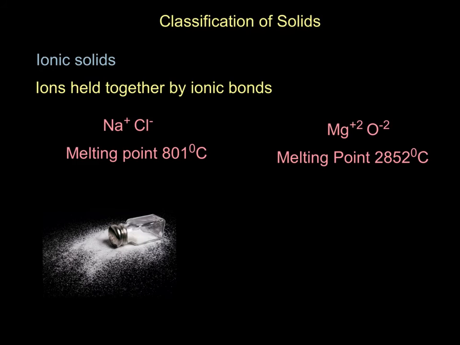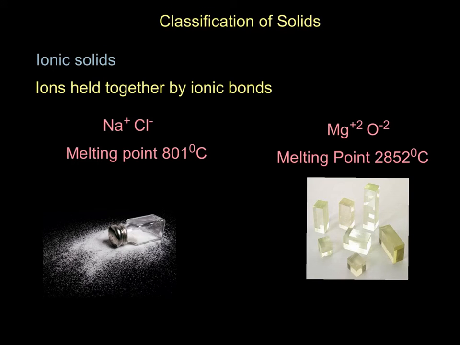You already know what sodium chloride looks like. These are some crystals of magnesium oxide. It's ground up and used as a nutritional supplement for supplemental magnesium in the diet.